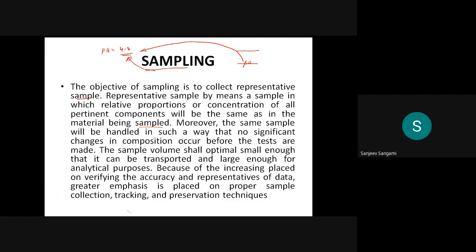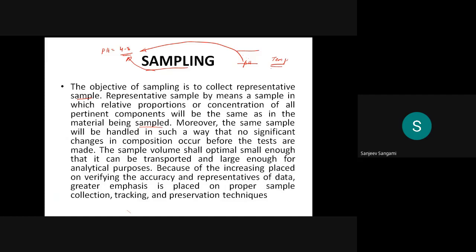Moreover, samples must be handled in such a way that no significant changes in the composition occur before the tests are made. This is a very important statement. For example, pH is one characteristic.